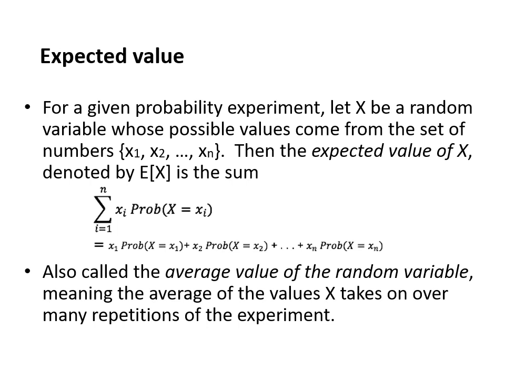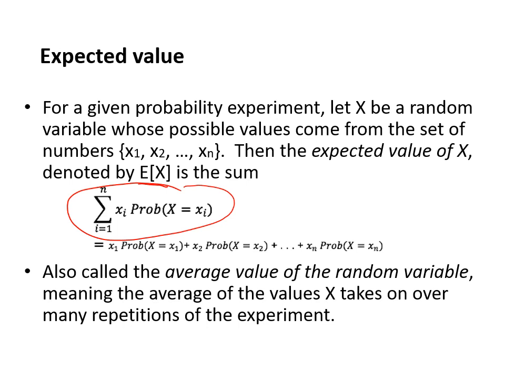For a given probability experiment, let X be a random variable whose possible values come from the set of numbers x1, x2 to xn. Then the expected value of X, denoted by E(X), is the following sum: the sum for i equal to 1 to n of xi times the probability of X being equal to xi.